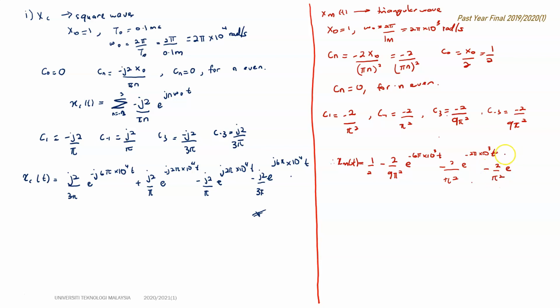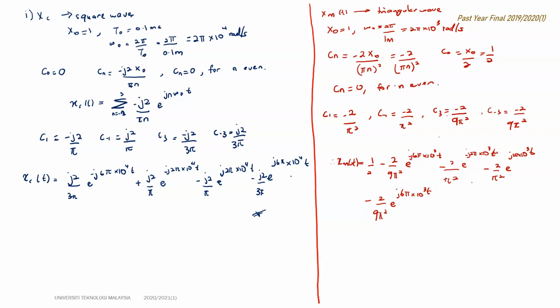The exponent this time is positive. Sorry, I missed the j here. It should be j here. Exponent j2 pi multiplied by 10 power of 3 t, and finally minus another component, which is 2 over 9 pi squared, exponent j, and this time positive 6 pi multiplied by 10 power of 3 t.